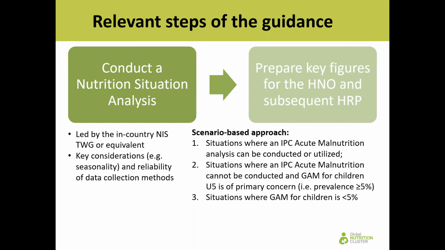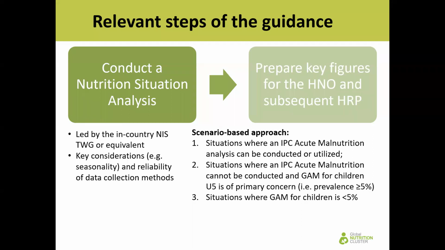So once we already have our data compiled and consolidated, how can we understand the severity and magnitude of a given humanitarian situation across affected geographical areas based on the needs of the population. And of course, the purpose of the nutrition situation analysis is to guide strategic and operational decision making. So it addresses how severe, when, where are the most affected areas, how many, why, who, and what are some key characteristics of the situation.